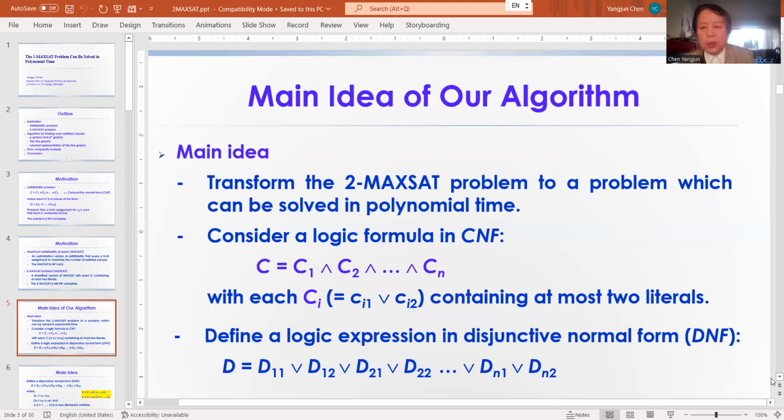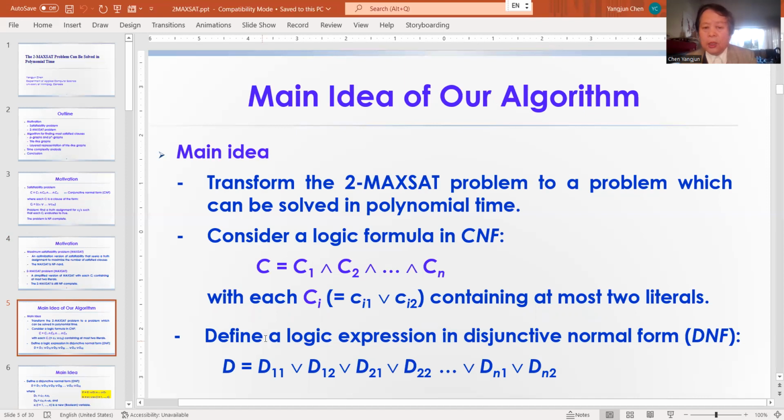The main idea of our algorithm is to transform the two-mass sort problem to another problem, which can be solved in polynomial time. For this, we consider a logical formula in the conjunctive normal form like this, with each Ci containing at most two literals.